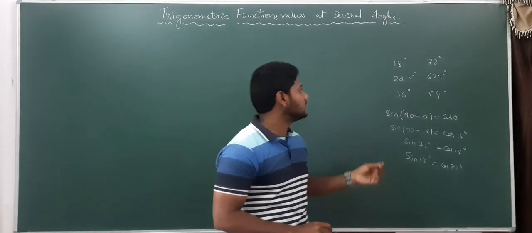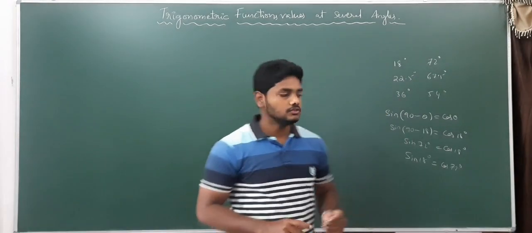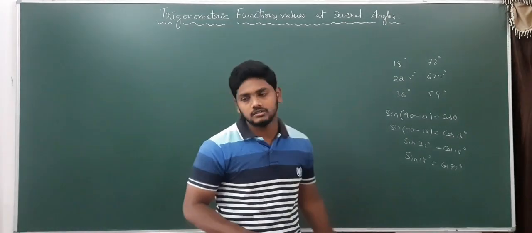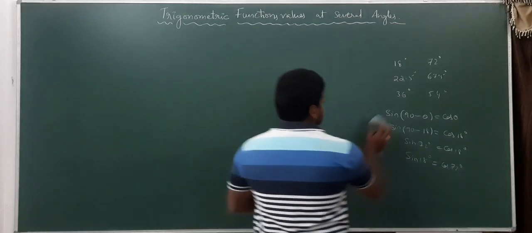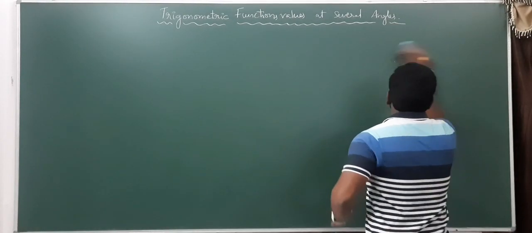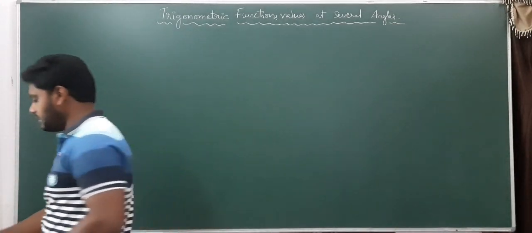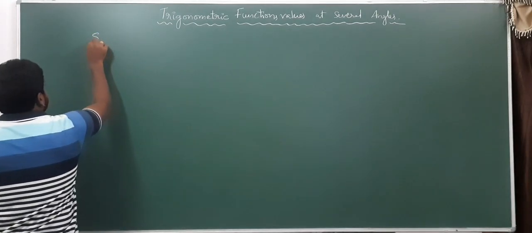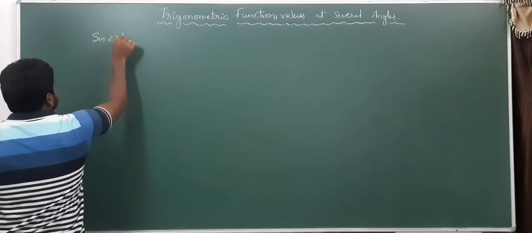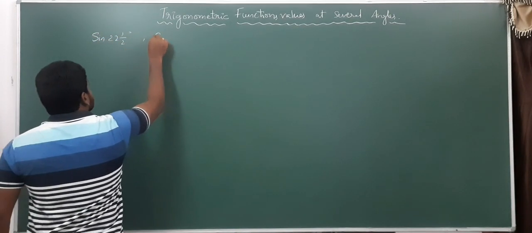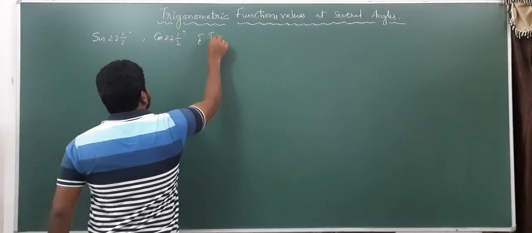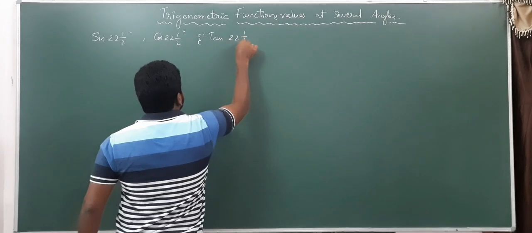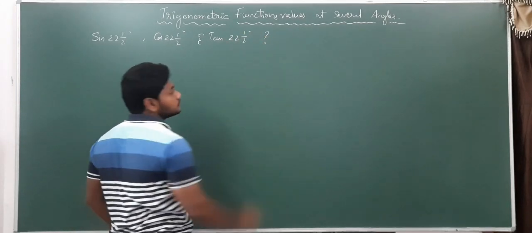So let us start with 22.5 degrees. Later we will do 18 degrees and also 36 degrees. See how to find sine 22.5 degrees, cos 22.5 degrees and tan 22.5 degrees values.